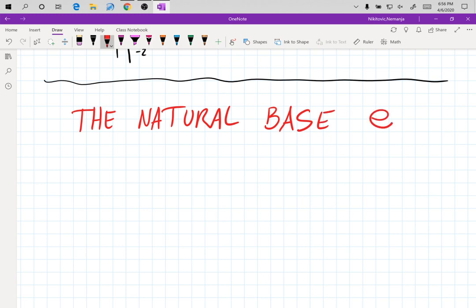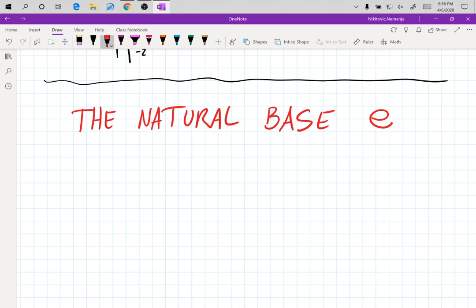Lowercase e, it's Euler's number. I did mention Euler a couple of times already in our course before. He was one of the gods of mathematics, probably the most effective and most productive mathematician of all times. Most of the mathematics we know today came from him, including exponential, logarithmic, trigonometric stuff.